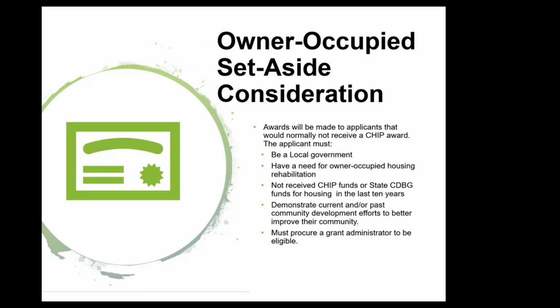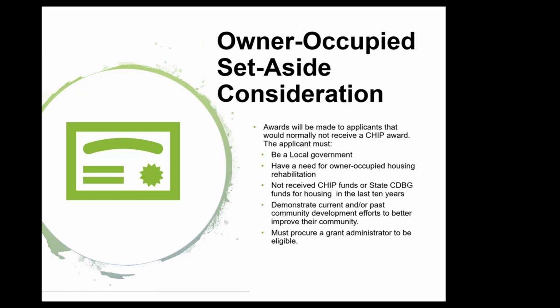You also have to show us that even though you haven't received federal funds or any type of housing assistance, you have done things on your own within your community to better improve your community. That could be code enforcement, demolition, community cleanups, whatever it is.